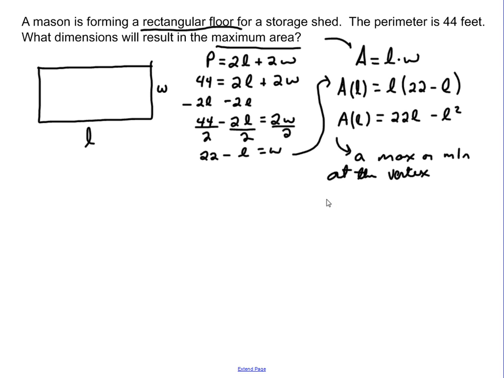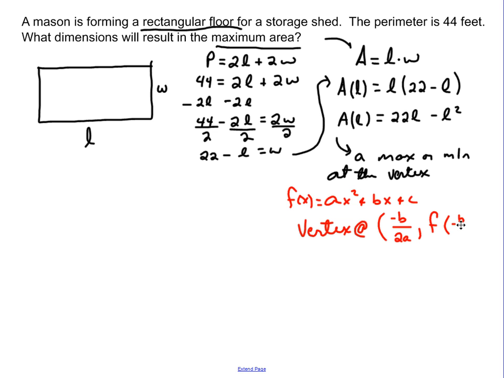So from our vertex formula, we said that if we had an equation ax squared plus bx plus c, that's our function of x, then the vertex occurs at the point negative b over 2 times a, and whatever the value of the function at negative b over 2 times a is.